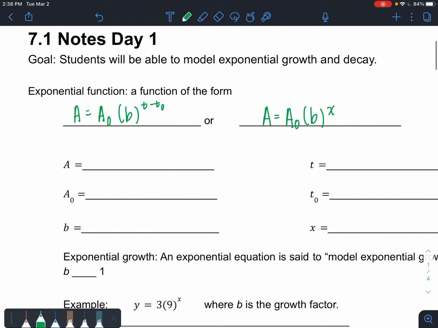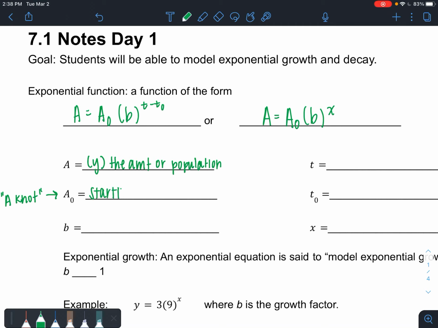So first of all, let's go through and say what these things are. First, I want to say that this is called a knot, just because that 0 kind of looks like a knot. So A, or Y sometimes, is the final amount or population. A sub 0 is going to be the starting amount.